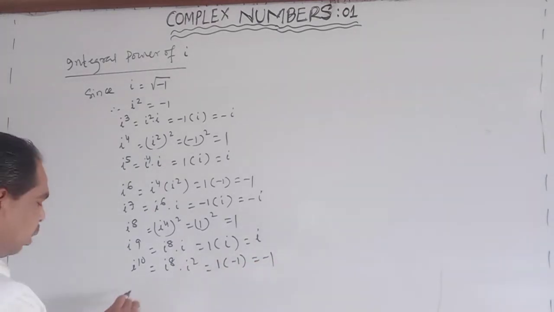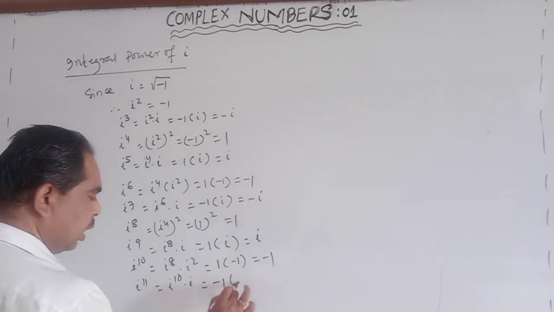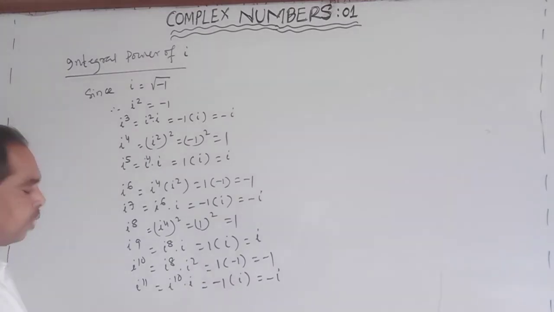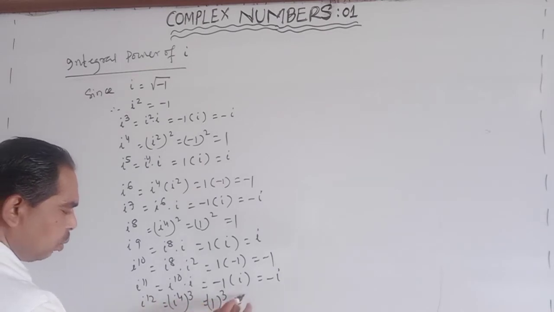Okay, i to power 11, so i to power 10 into i, so i to power 10 means minus 1 into i is equal to minus i. Okay, i to power 12, so i fourth cube, i fourth means 1, cube means 1.